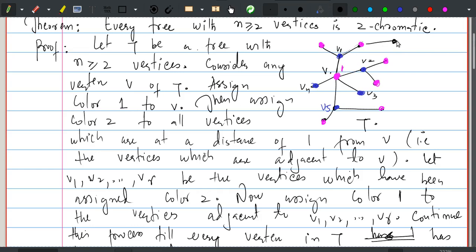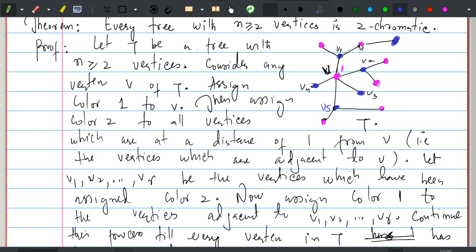This vertex is at a distance of 3 from v, which is an odd distance, so we color it with blue, the color 2.